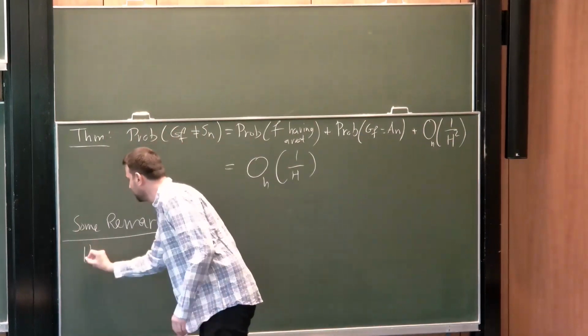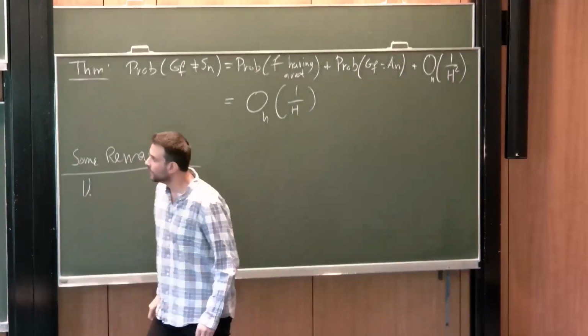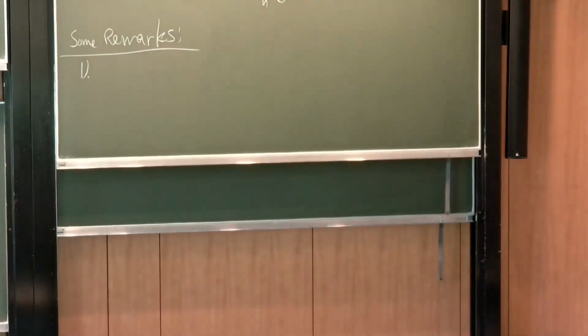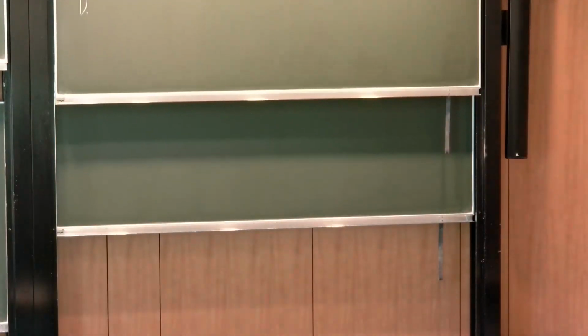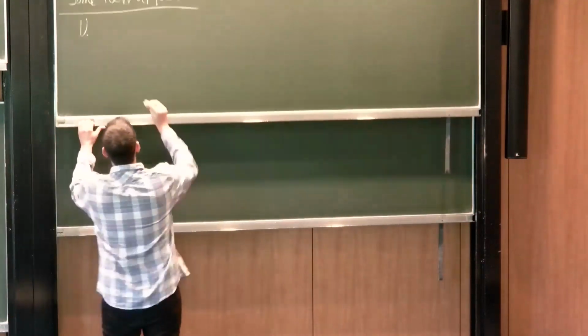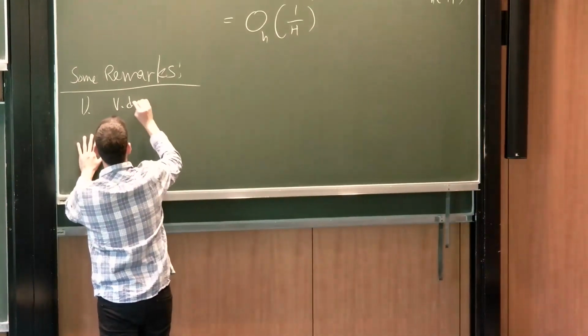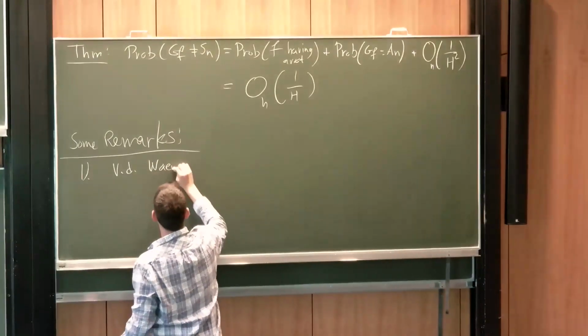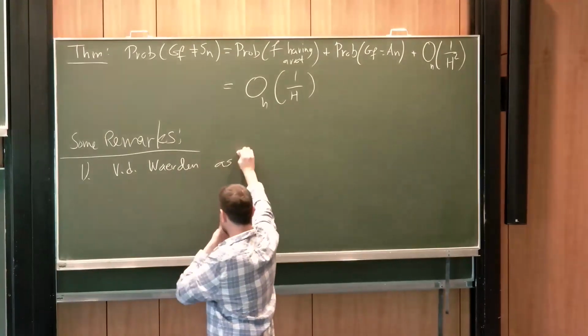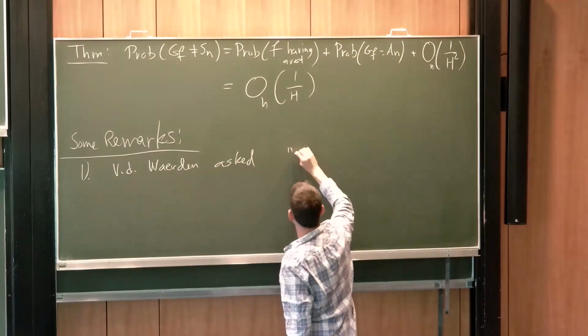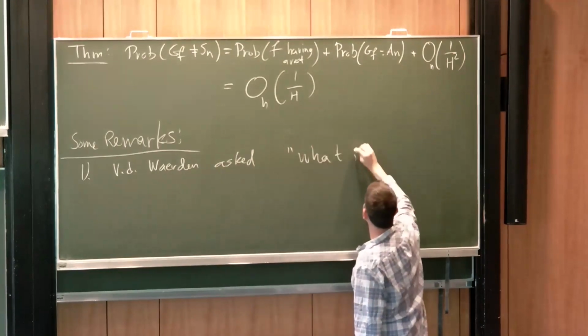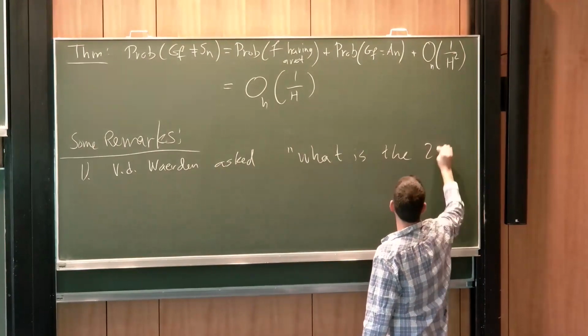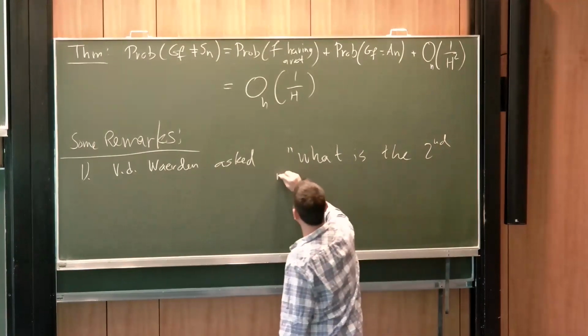So the first: you remember I told you that van der Waals was the first to prove it. So van der Waals asked, what is the second most probable group?